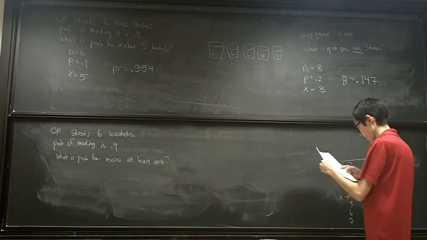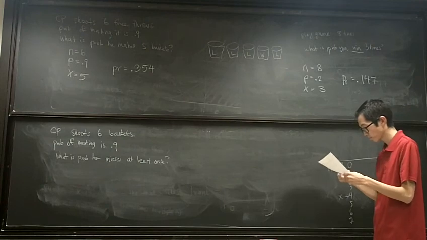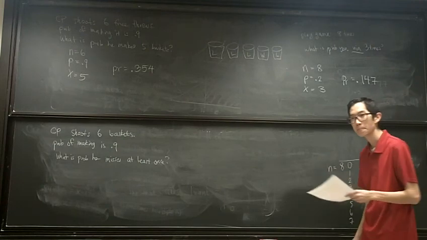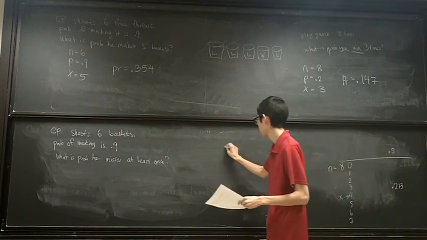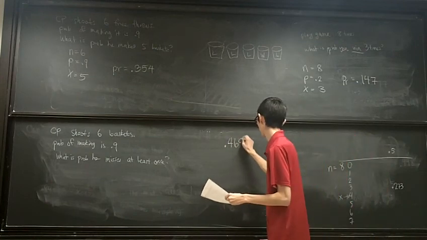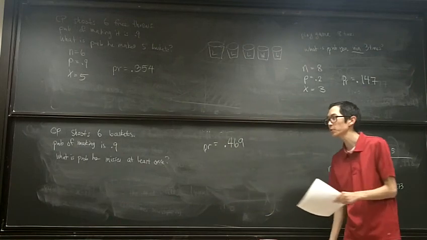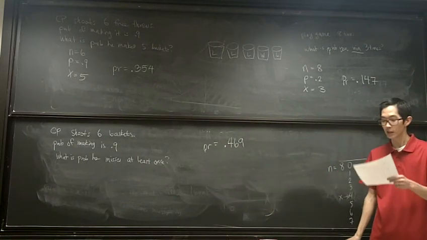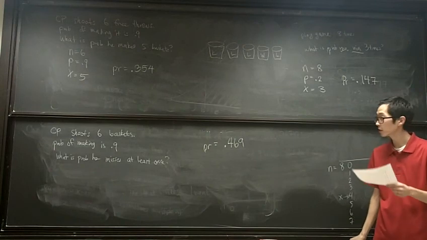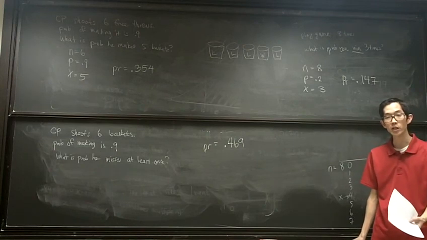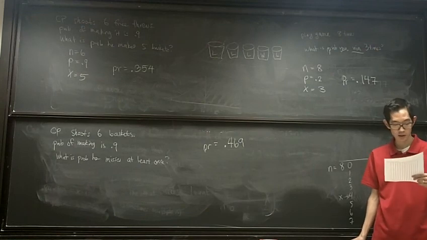Chris Paul shoots 6 baskets, and the probability of making it is 0.9. What is the probability he misses at least once?